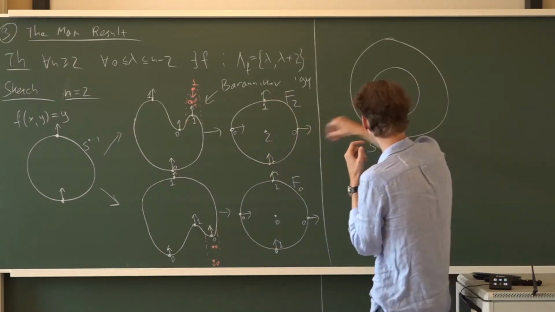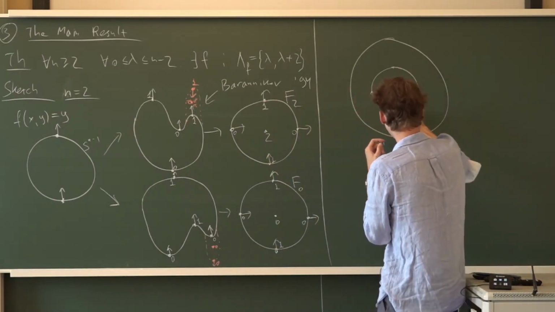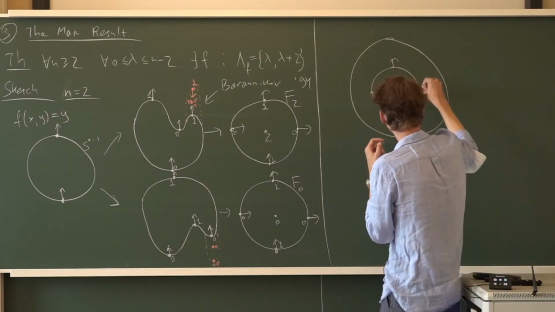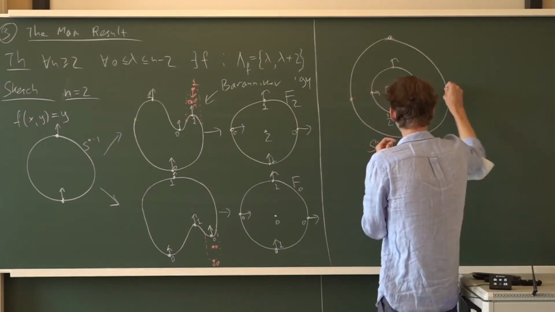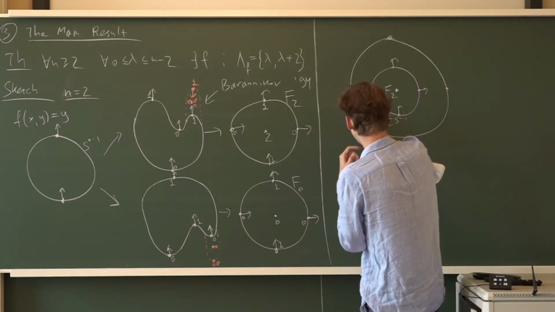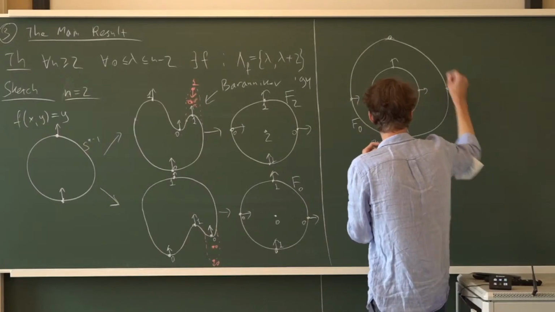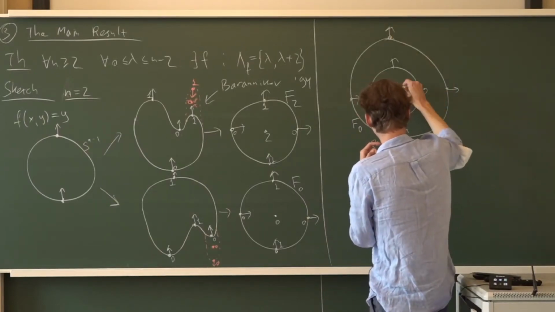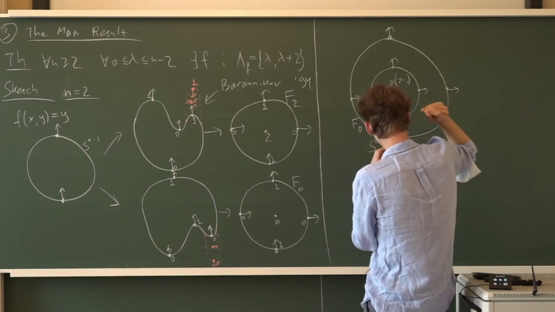So inside the smaller ball, we have the function f2. And near the boundary of the larger ball, we have the function f0. Well, not quite. First, it's not f2, but f2 composed with something like 2 multiplied by something.